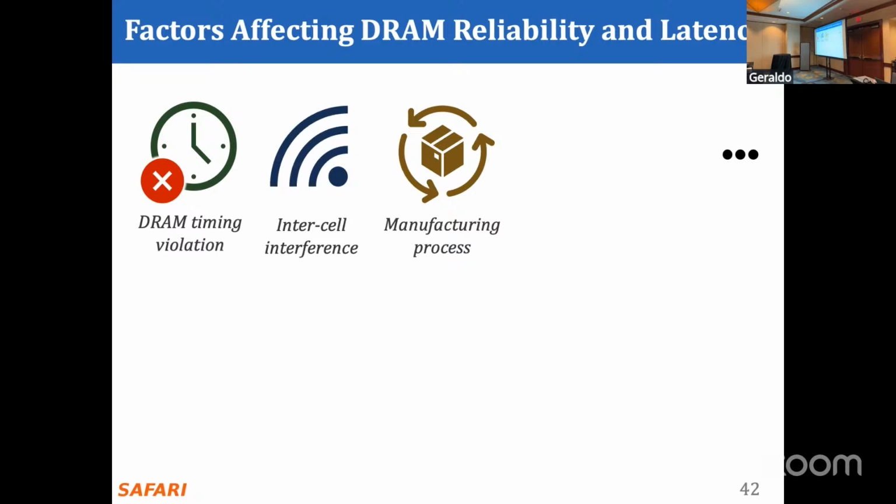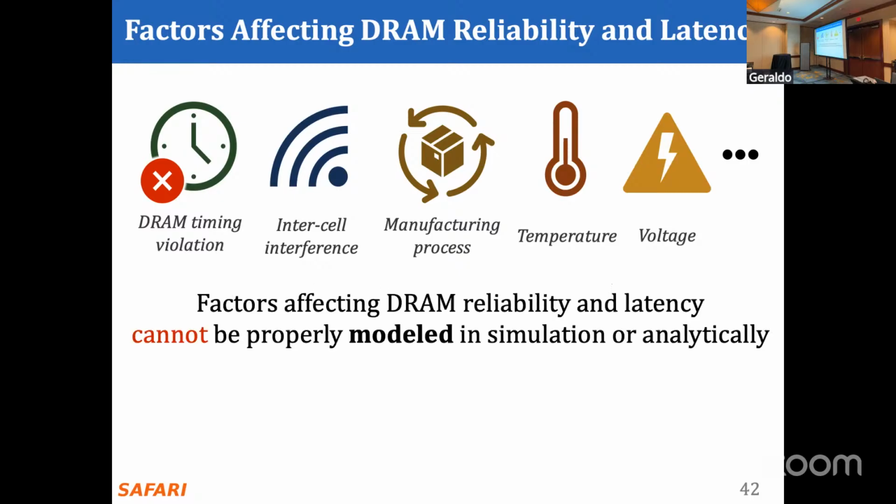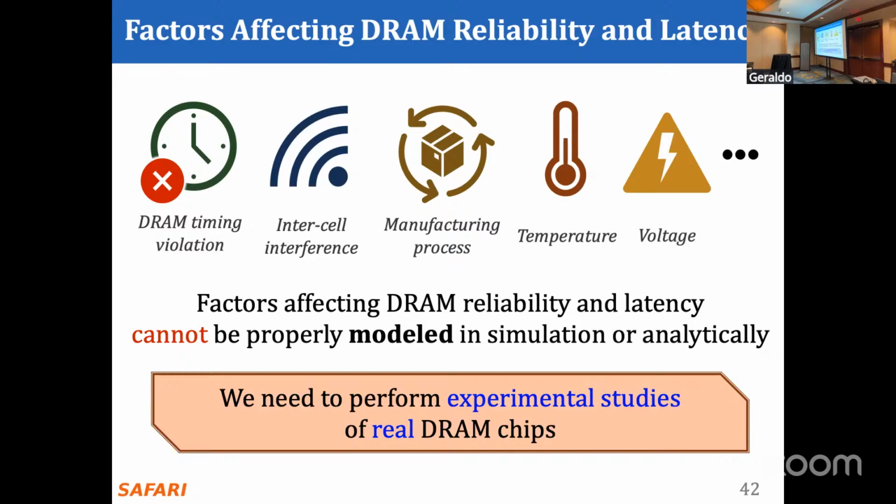You have cell-to-cell interference, manufacturing process variations, temperature, voltage, and DRAM timings, and these cannot be modeled properly, or at least easily, in simulation or analytically. We need to perform experimental studies using real DRAM chips to gather data and better understand these factors that affect DRAM reliability.